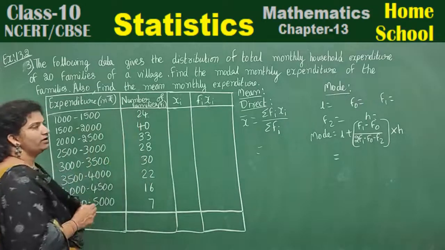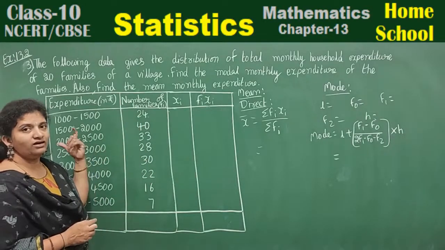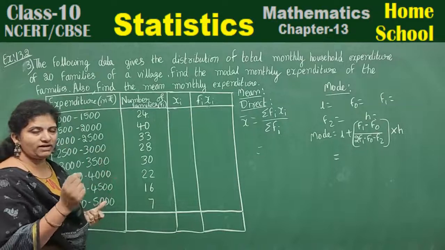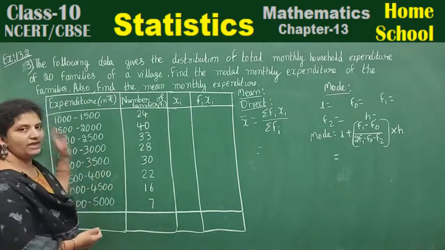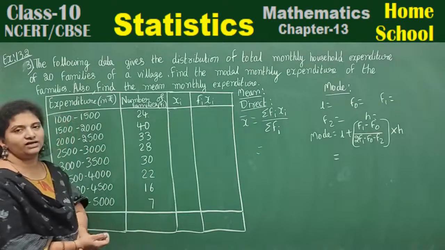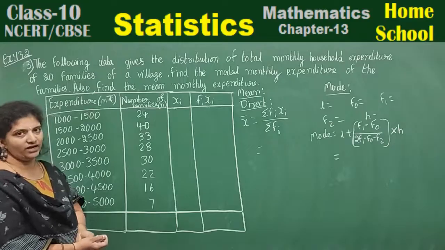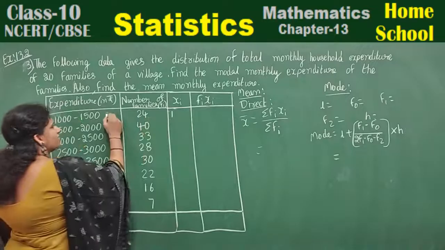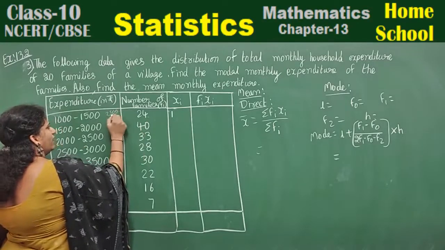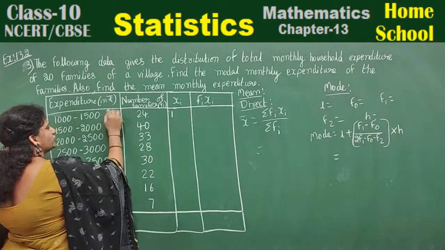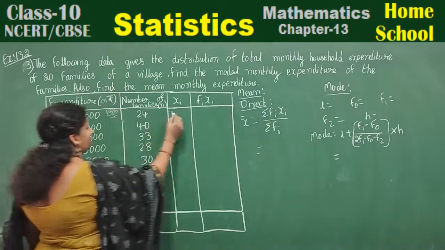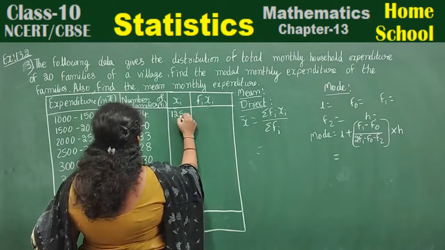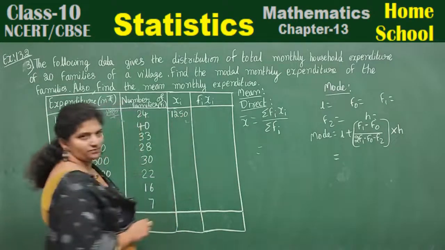Xi is the class mark: lower limit plus upper limit by 2. 1000 plus 1500 is 2500. 2500 by 2 is 1250. That is your answer here.